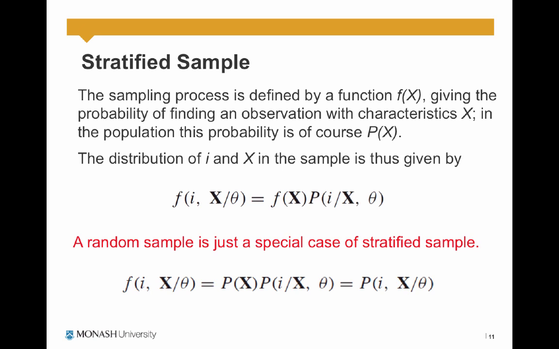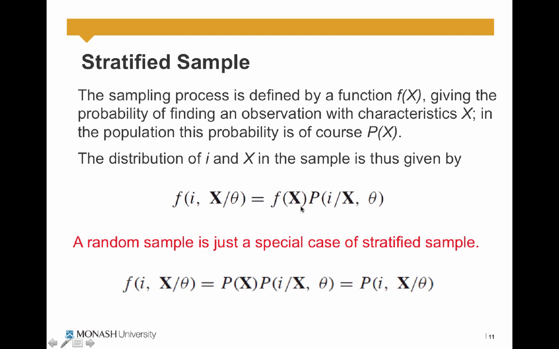The stratified sampling is a little bit more complex. The sampling process is not entirely random anymore. Rather, it can be defined as a function fx. Therefore, we can express that the joint distribution of I and X in a sample is dependent on fx, which was a function representing the sampling process, multiplied by the probability of I conditional on X. We can also rewrite this equation to show that a random sample is just a special case of a stratified sample.